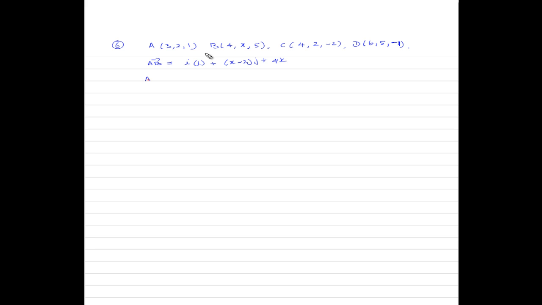AC vector will be equal to i minus 3k, because 2 minus 2 will become 0. And then AD vector is going to be equal to D minus A, that is going to be 3i plus 3j minus 2k.